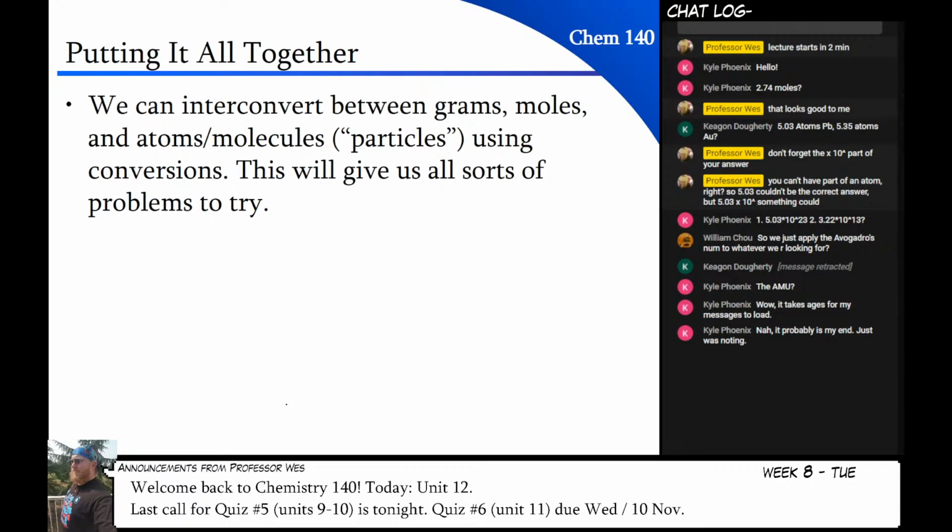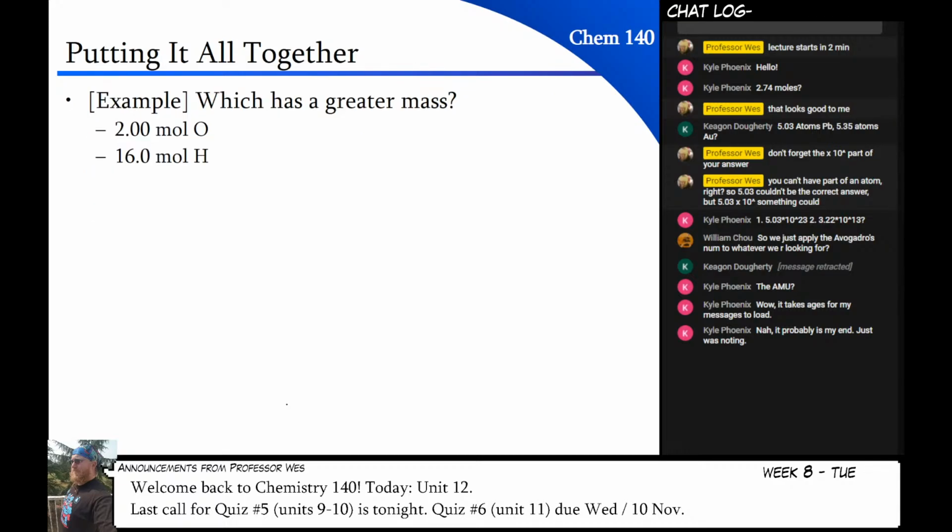However, in the context of the problem, the identity of what you're trying to do is going to be buried in there somewhere, right? How do I know what to turn it into? Well, you have to use critical thinking and contextualize what the problem is trying to ask you, right? So, for instance, if I gave you this problem and I just said, which of these has a greater mass? What would your first step be? Well, I gave you moles.